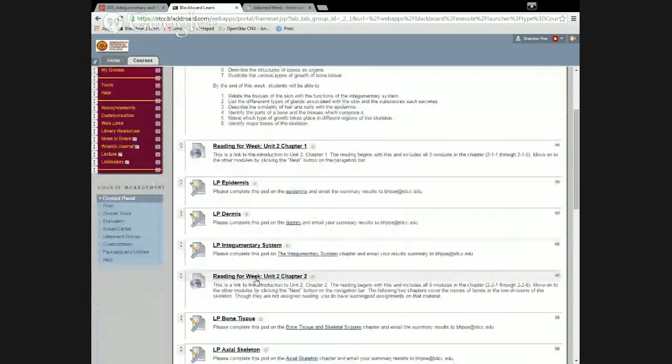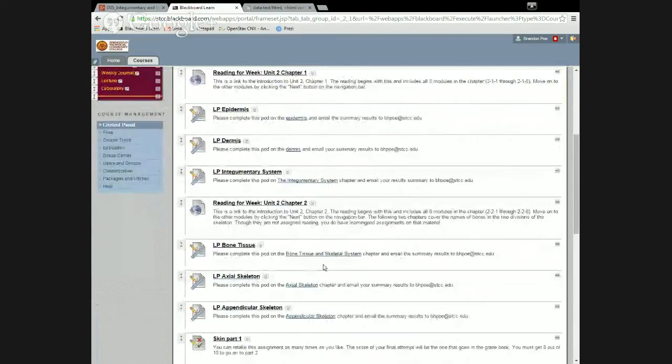And because we're doing 2 chapters worth of stuff, there's a bit more to do. There's 3 learning pods on the skin, and then 3 learning pods on the skeleton. When I was setting all this stuff up, Learning Pod had some issues one week.